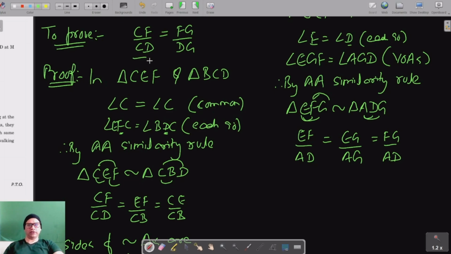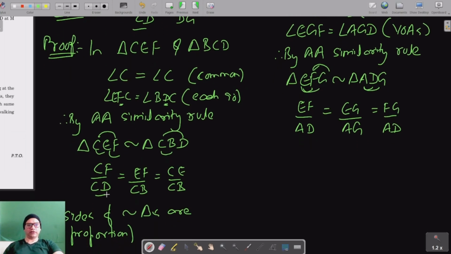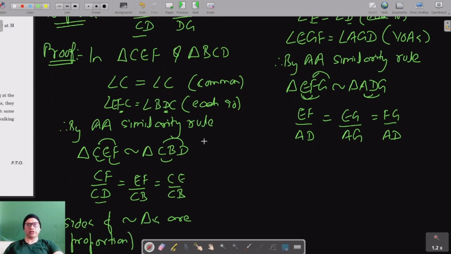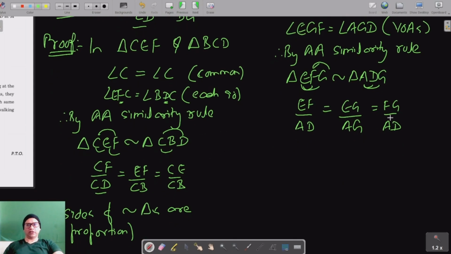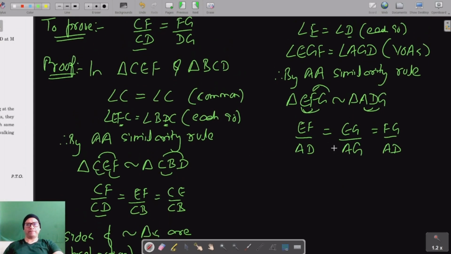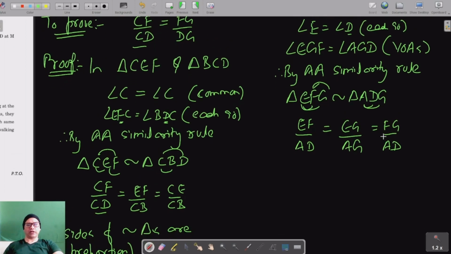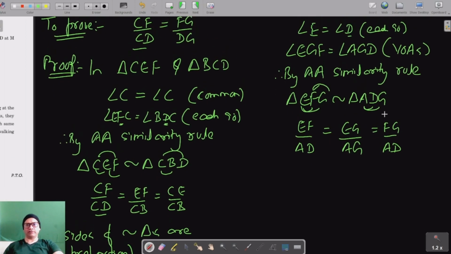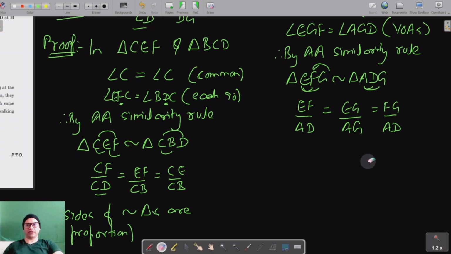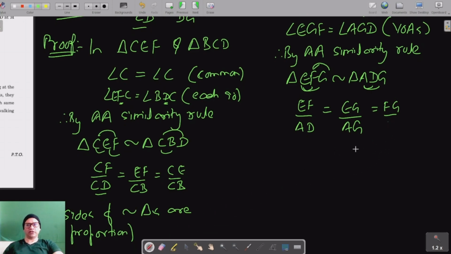Let's see what is. So we will keep CF by CD. So this is CF by CD and FG and DG. So this is FG and DG. Sorry. So this is FG and DG.